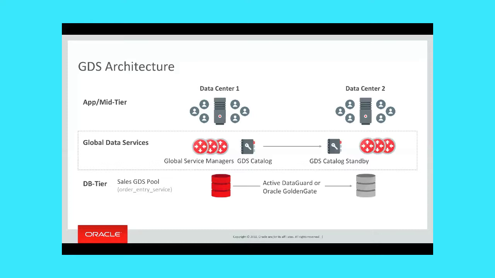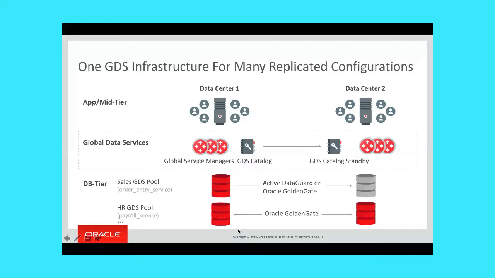Okay. I showed this GDS infrastructure here. You may think, oh, I need to have these GSMs and catalog for one set of replicated databases. No, GDS infrastructure is a shared infrastructure. You could deploy this one time, and you could have multiple sets of replicated environments like this.